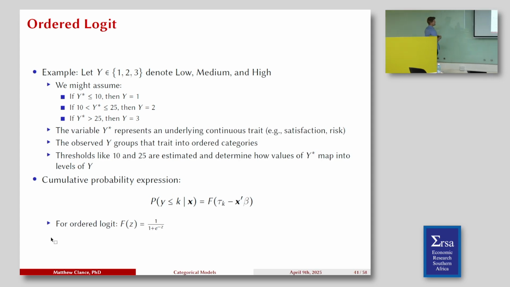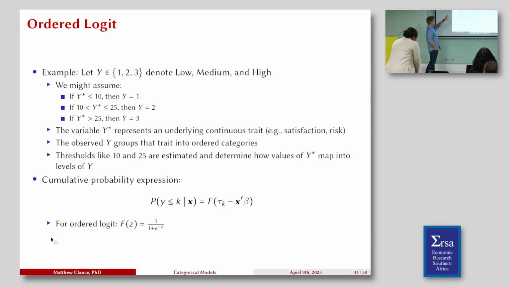To give you an example, say we have 3 choices that we observe. We see 1, 2, and 3. Whatever you want to consider them, if you want to consider them stages, I just said 1 was low, medium, and high, not really saying what that's in reference to. From that, we might assume that we have a y star that's continuous. Once that continuous measure reaches 10 or is less than 10, we say we observe y equal to 1.